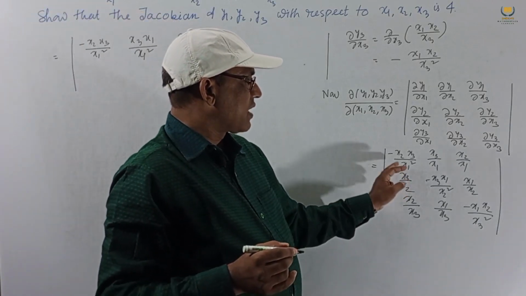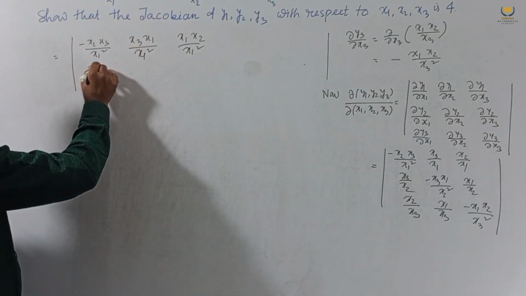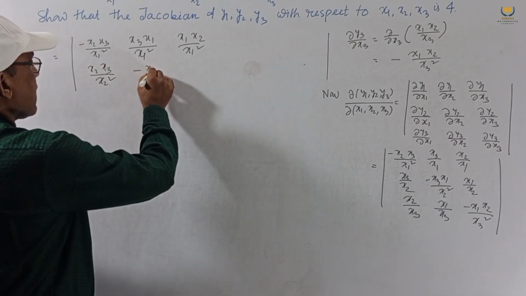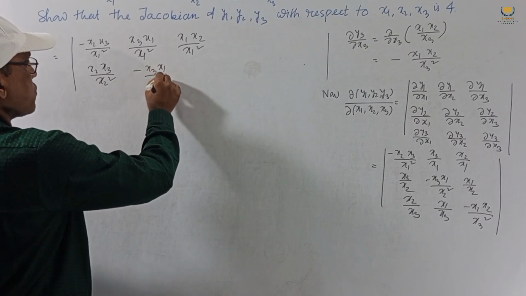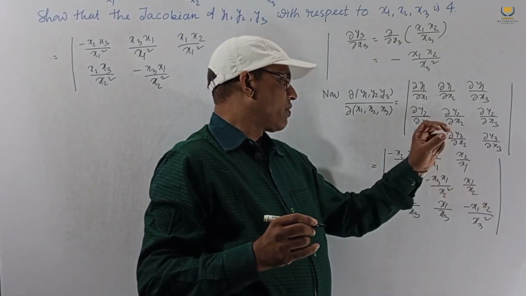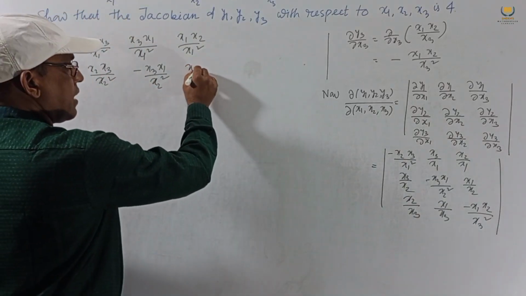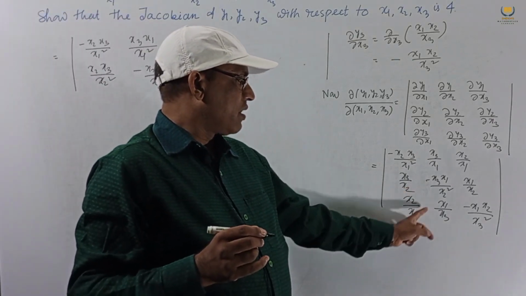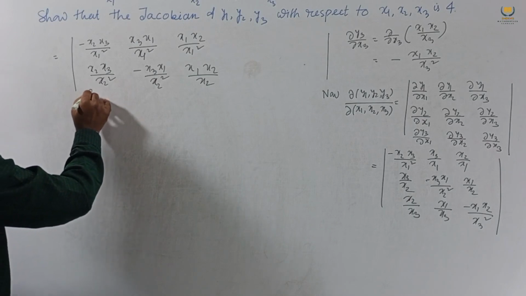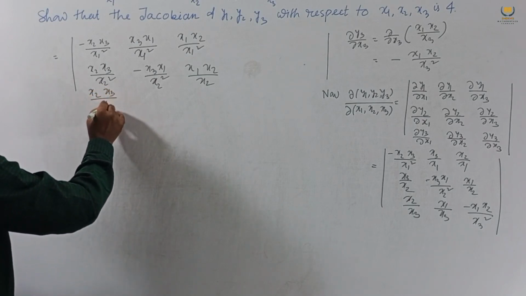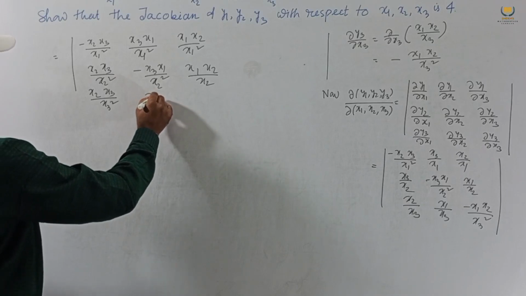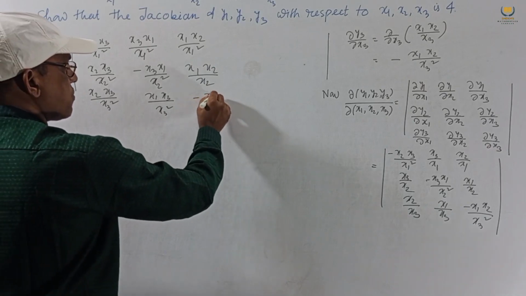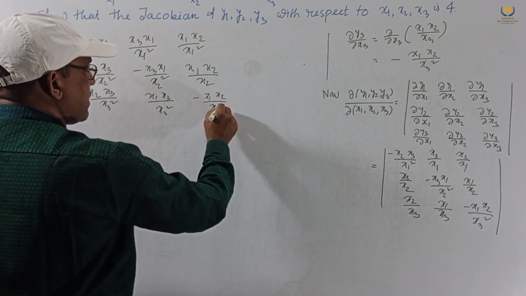And in the next row, multiplying by x2, we get x2 x3 by x2 square, minus x3 x1 by x2 square, and x1 x2 by x2 square. And in the last row, multiplying numerator and denominator by x3, we get x2 x3 by x3 square, x1 x3 by x3 square, and minus x1 x2 by x3 square.